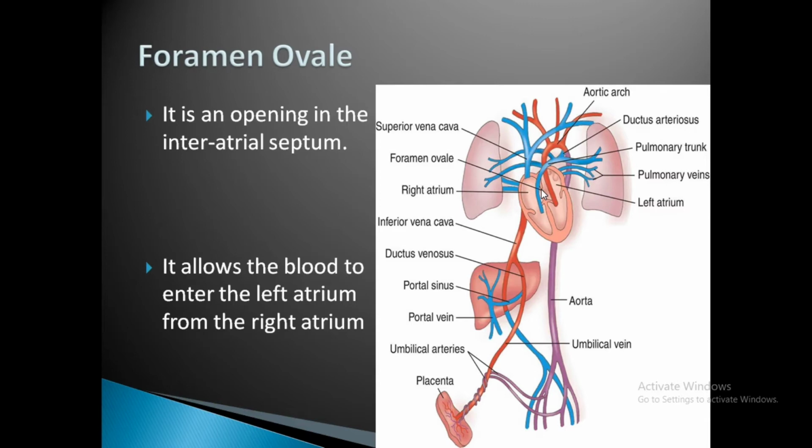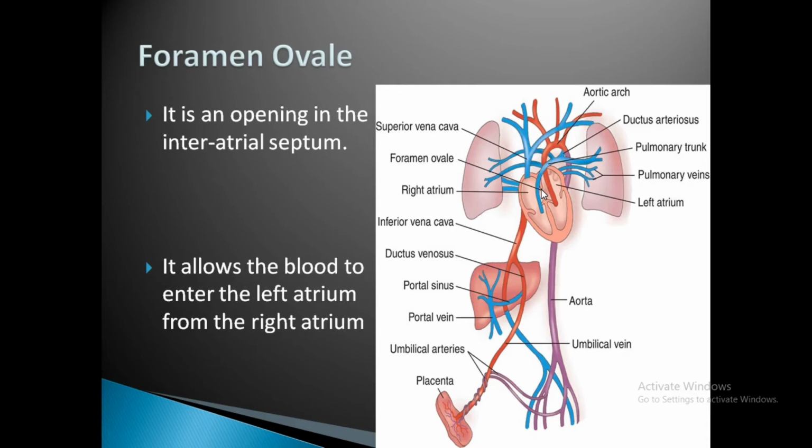So up till now we have discussed that there are three shunts. First of all, we have the ductus venosus. The ductus venosus is a shunt which lies between the inferior vena cava and the umbilical vein. Basically, it connects the umbilical vein and the inferior vena cava, bypassing the liver, because the liver is not fully developed up till now. It can't bear the burden of so much high pressure blood, because we have discussed that the pressure in the umbilical vein is too high.